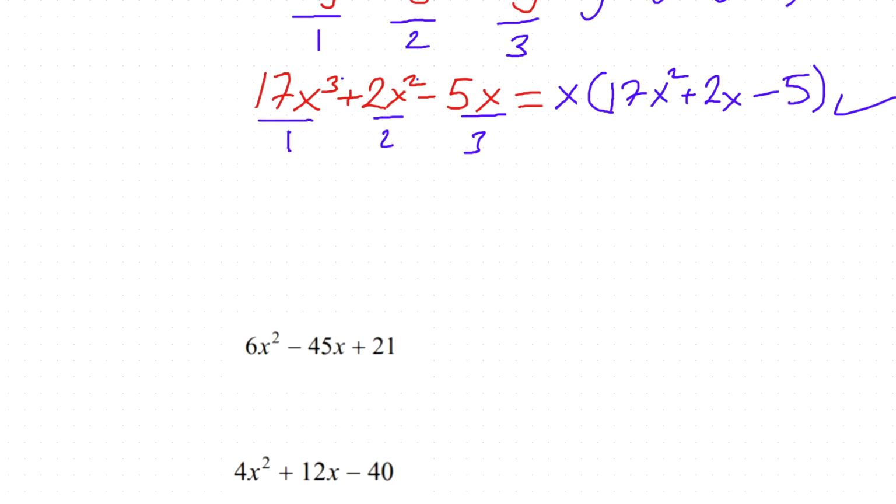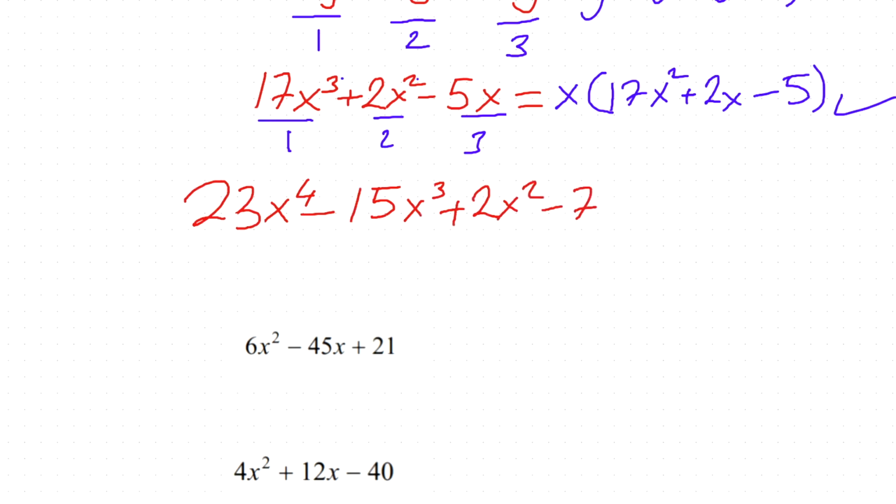Try to solve it on your own. 23x to the power of 4 minus 15x cubed plus 2x squared minus 7x. What is this expression equal to?